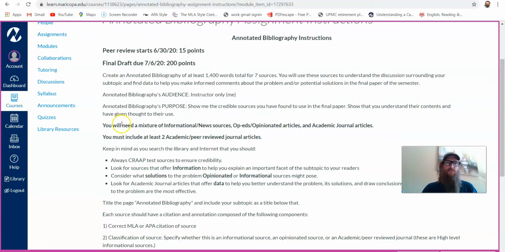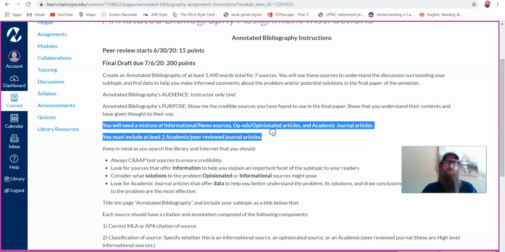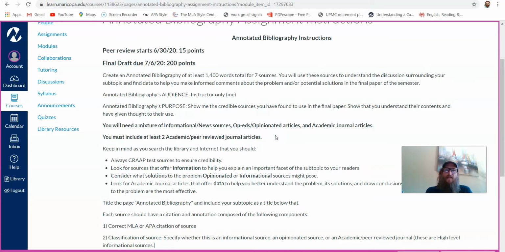Anyhow, again, I'll let you read this on your own, but this is helpful to talk about at the beginning, right? The one absolute must here is that you have to have at least 2 academic journal articles. Why? Well, you need those for the final paper. They're going to provide you with the data that you will comment on in the final paper.